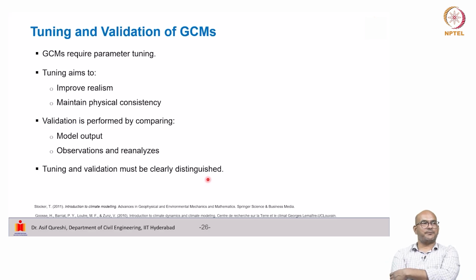Now, this is by models themselves, and as we know there will be so many GCMs, which will have different kinds of parameter descriptions, different parameter tuning, and somewhat different outputs also. When we have so many different GCMs, it becomes important to do a sort of intercomparison, so as to see if all the GCMs point to the same thing.